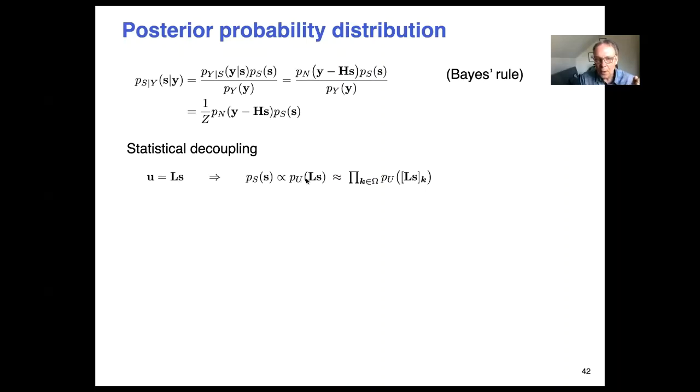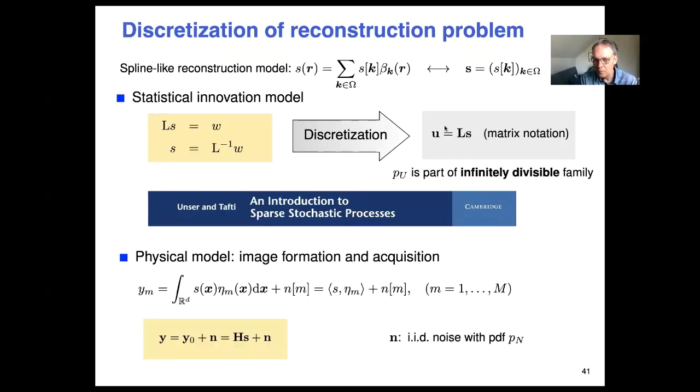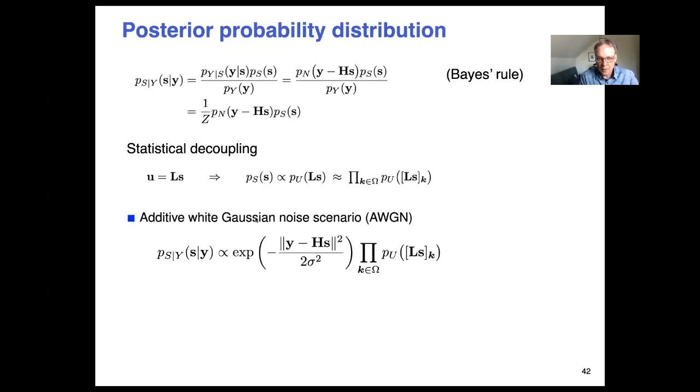Maybe let me go back here. U is LS, and my assumption here is that the U's are independent. So I can write the probability of the U's as a product of the probabilities of the individual components. Now, I say my noise is Gaussian. I could put anything else, but to make an easy formulation, I say my noise is Gaussian.